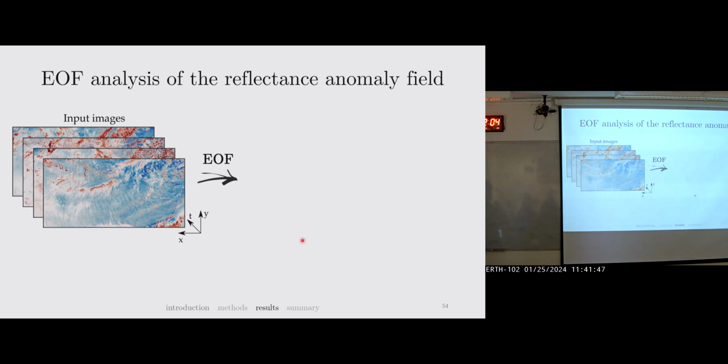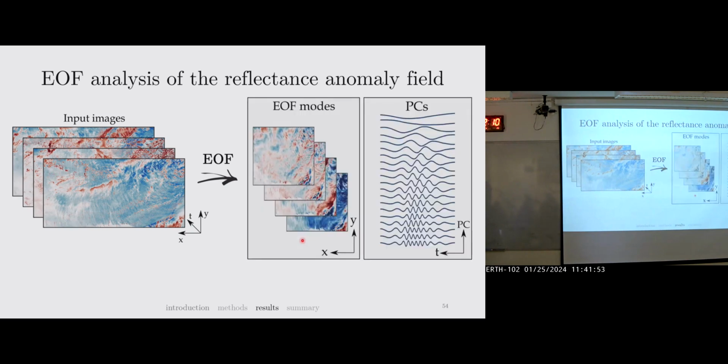It's a mathematical decomposition, equivalent to a PCA, principal component analysis, and it's often used in climate science and also in atmospheric science to try to extract dynamical modes that exist in our data sets, okay, and to try to separate also between the different frequencies.